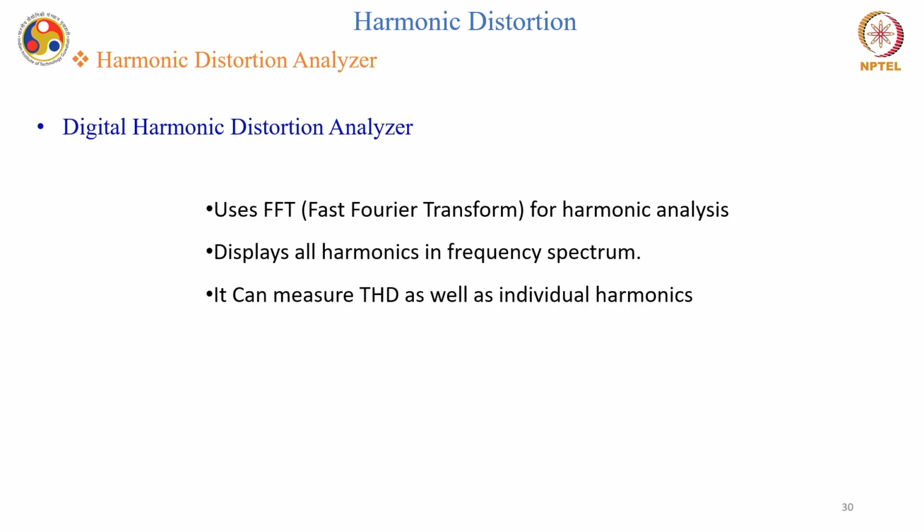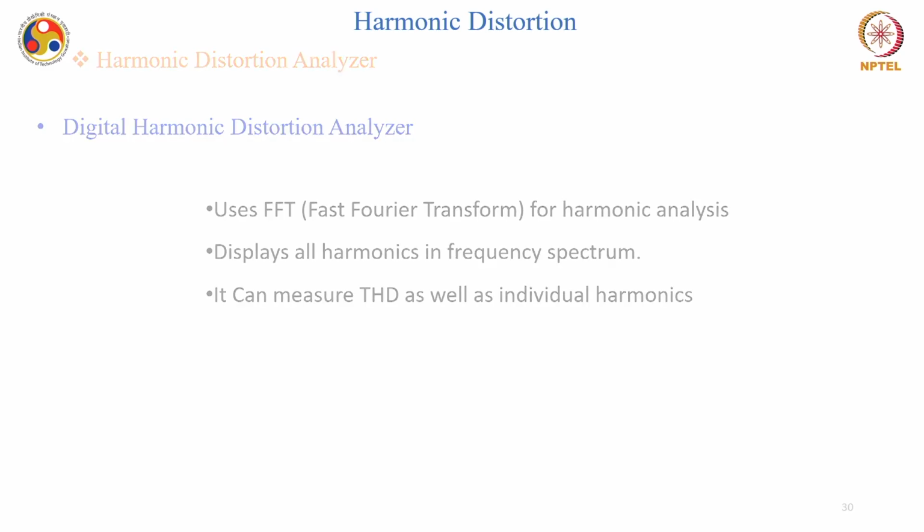Okay. We also have the digital harmonic distortion analyzer, which, as I have mentioned, is the advanced harmonic distortion analyzer and uses the fast Fourier transform, FFT, for harmonic analysis. Okay. They display all harmonics in a frequency spectrum and can measure the total harmonic distortion as well as the individual harmonic components in the signal.